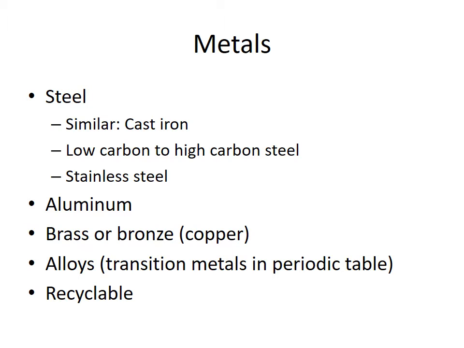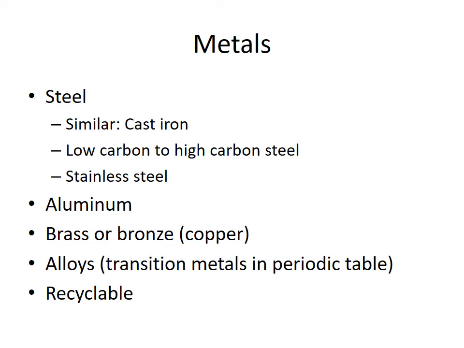Metals, your basics are steel and cast iron. Cast iron is not the same as steel. Iron and steel, iron is the element in steel, but it is not the only thing that is in there. When you mix carbon with the iron, you get steel, and you have low carbon steel and high carbon steel.